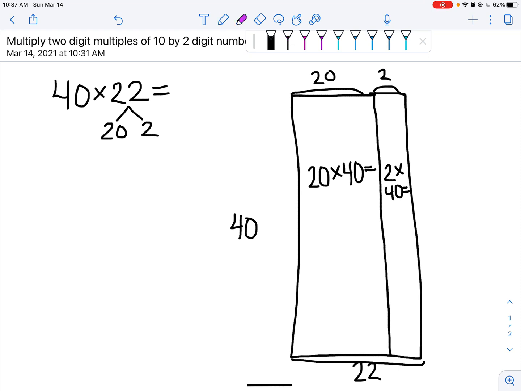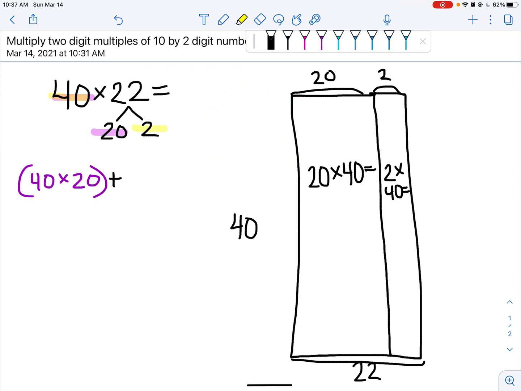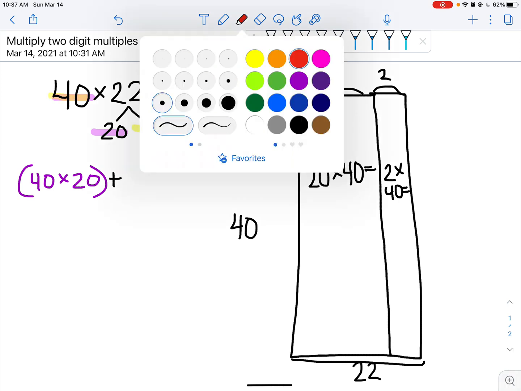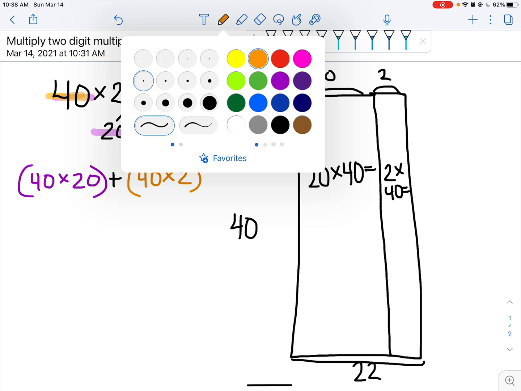And if you look over here, that's no different than saying, hey, look, I've got my 40 times my 20, this is your distributive property, plus then you have my 40 times my 2. I should have done that a different color because yellow never shows up, right? So then we have 40 times 2. So we have two separate multiplication problems now, but we know how to do both of those very easily, right?